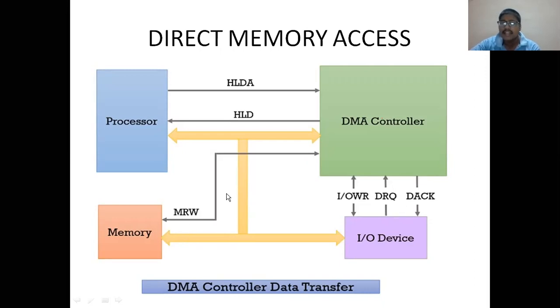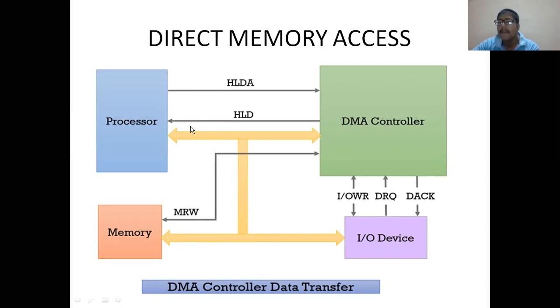See, in the initial cases, without having this DMA, whenever an input device needs to transfer the data to the memory, first of all, it needs to request the processor.